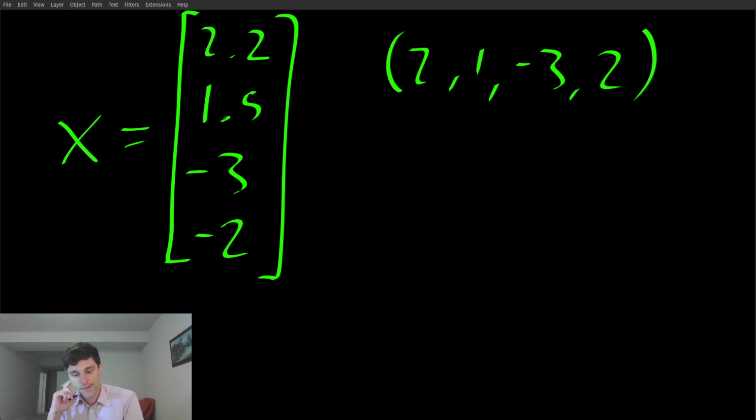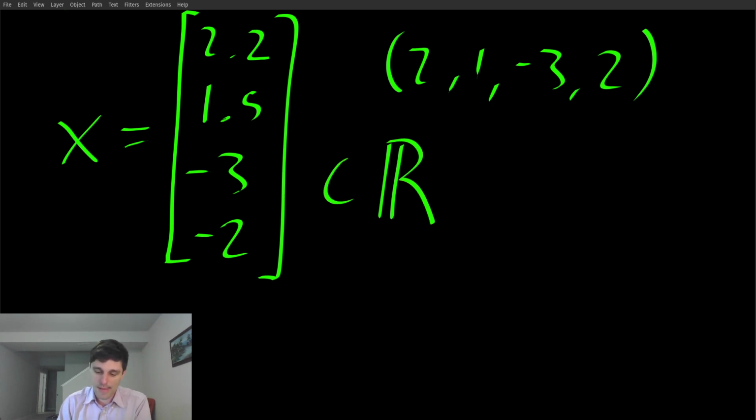It's a vector of length 4, because in math terms, these are real numbers, the 2.2 and the 1.5. We will often write that this vector x is an element of R4, like that. So x is in R4, a 4-dimensional vector, right?